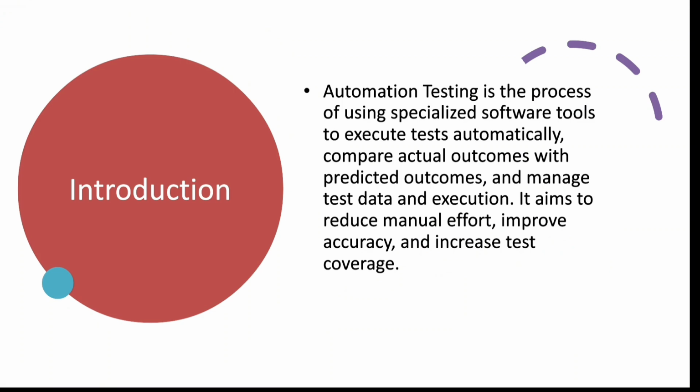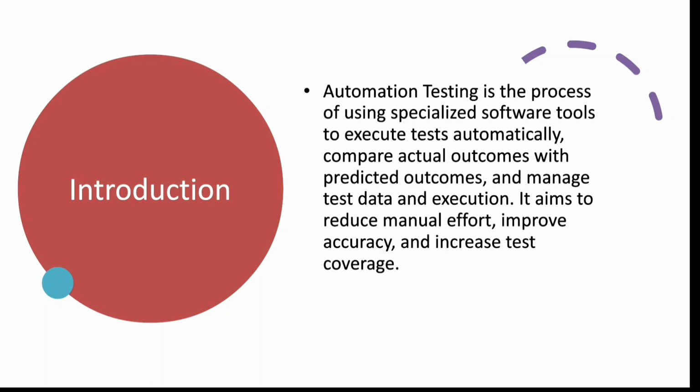Before starting, let me do a quick introduction: what is automation testing? Basically, automation testing is a procedure where specialized software testing tools like Selenium, Playwright, and Puppeteer execute the test cases automatically, in an iterative, looping way.